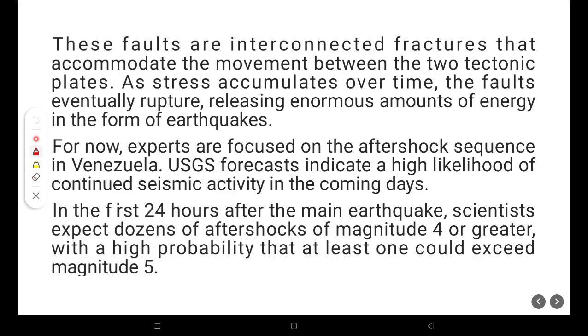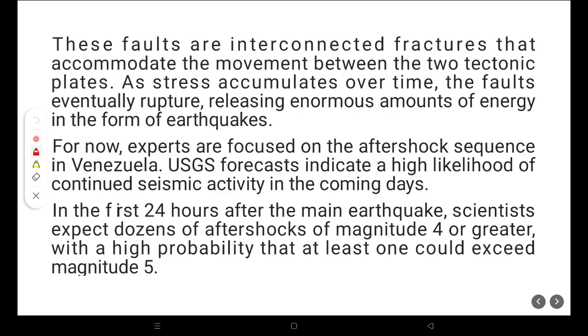That is not the true case in nature. In nature, several dozens of earthquakes will happen after the major earthquake. In the first 24 hours after the main earthquake, scientists expect dozens of aftershocks of magnitude 4 or greater. The probability that at least one could exceed magnitude 5.